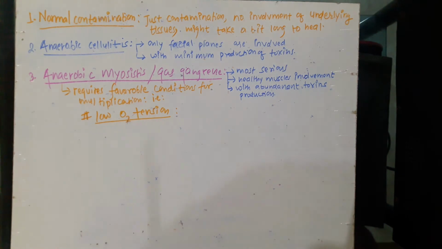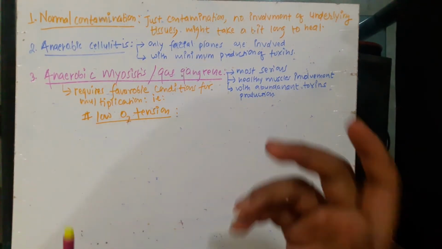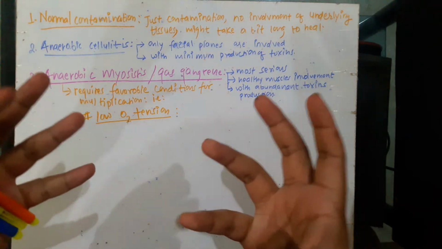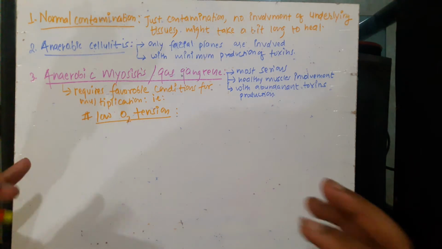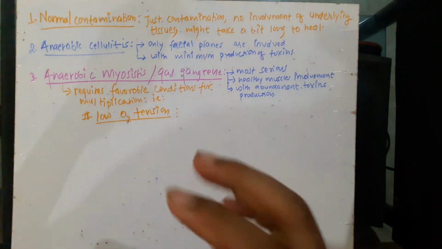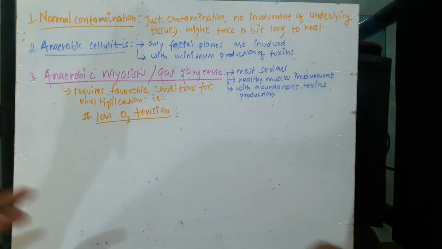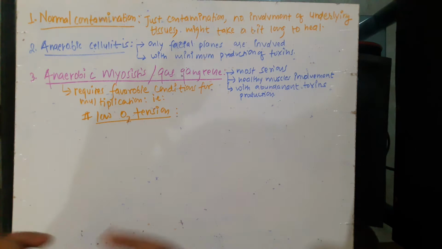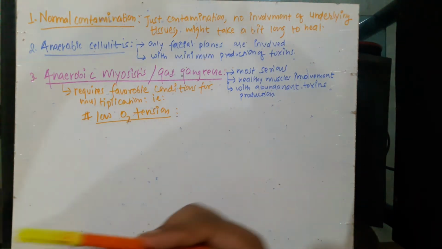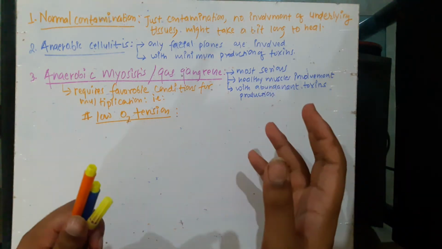And this low oxygen tension is achieved by various factors: implanted bullets or fragments of cells, as we discussed earlier, and sometimes crushing of the tissues and rupture of the arteries. Tearing of the arteries causes anoxia to the muscles. And lecithinase, which we discussed in the toxins, damages the cell membrane.